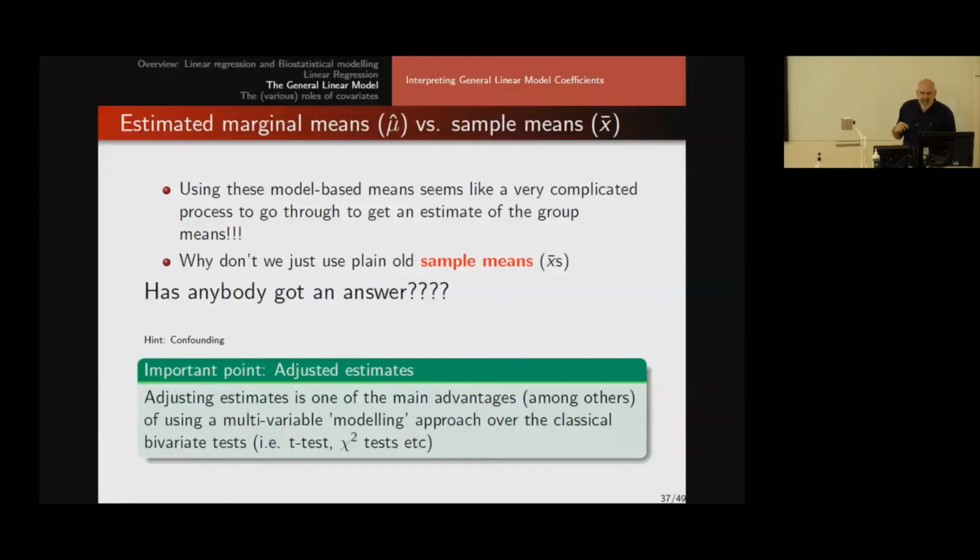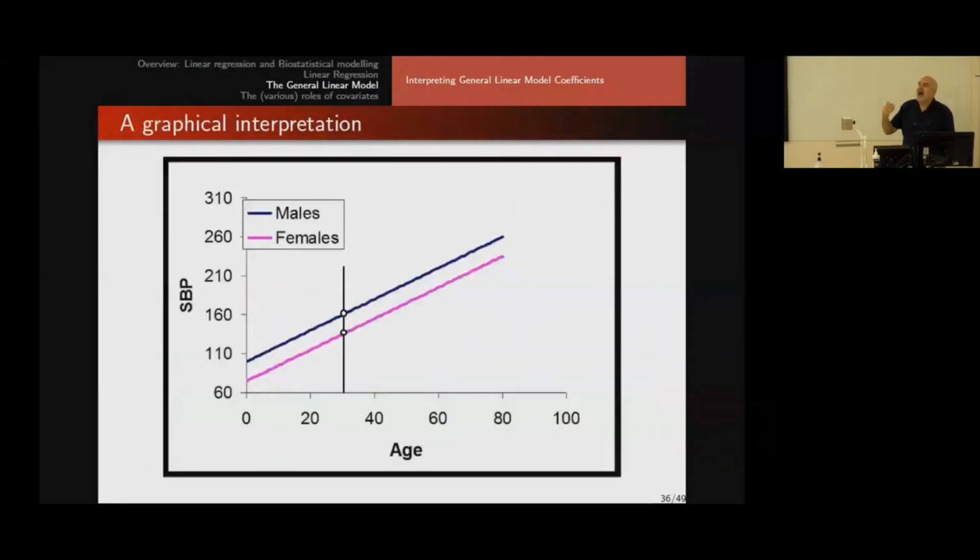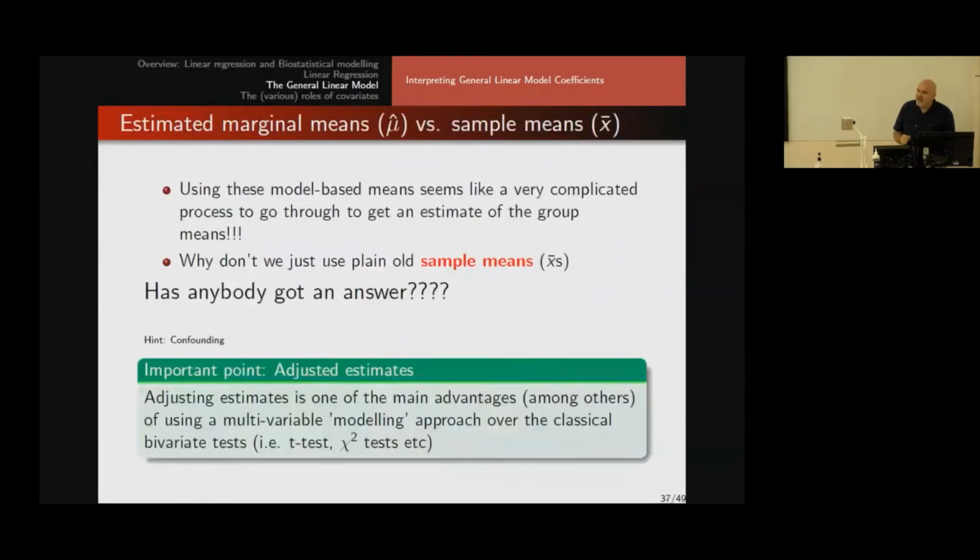By using estimated marginal means, we are adjusting out age and getting a pure male-female difference, okay? So one word, adjustment. That's why we use model-based means or estimated marginal means. We can adjust out confounders and then get pure effects, okay?